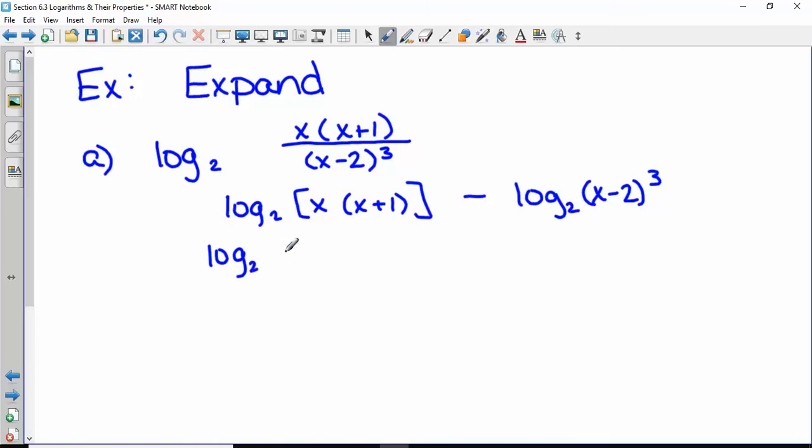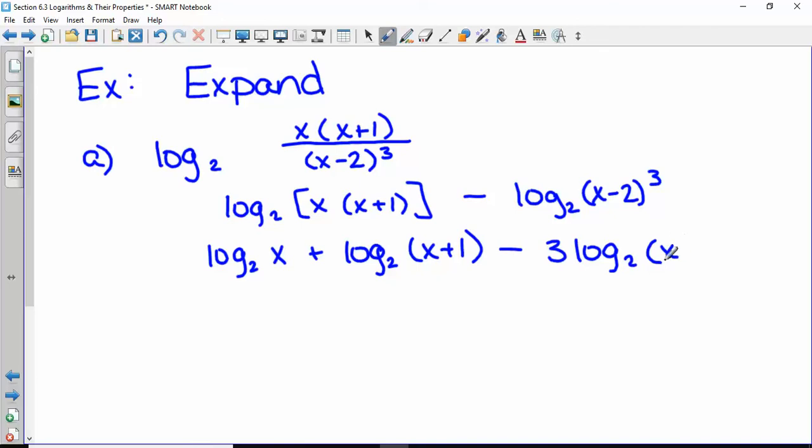So you do log base 2 of the first one, plus log base 2 of x plus 1, minus, what can I do with this one? 3 log. Okay. So we've got 3 logs written so far.